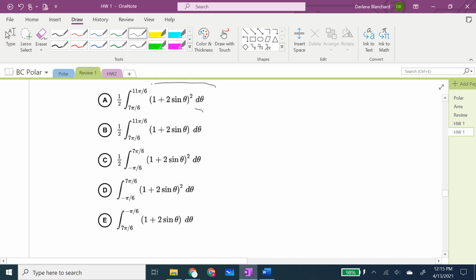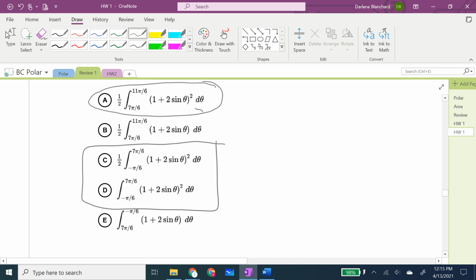This one? The top one? There we go. Keep in mind, why are they trying to trick you? Look at these two. They both have the squared bit. And if you look at the angles, do you see how they are trying to trick you?